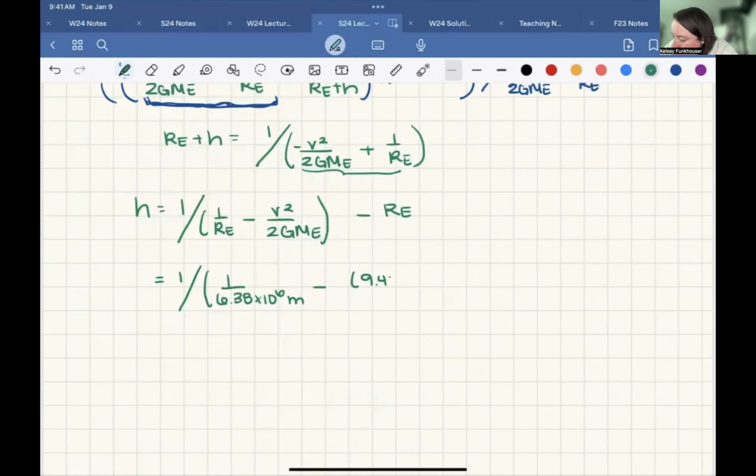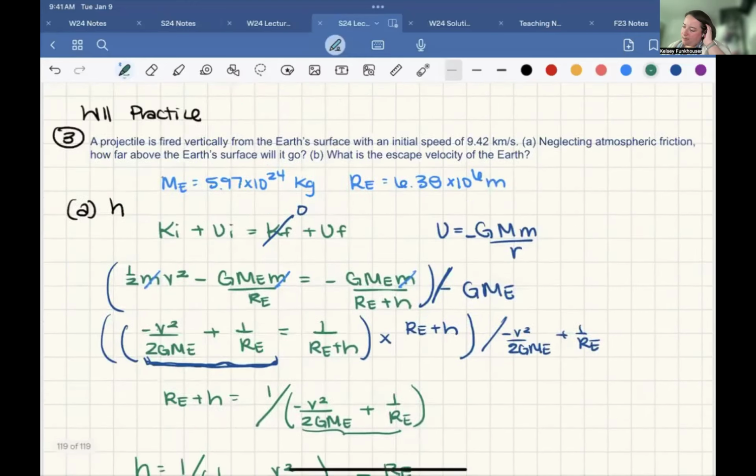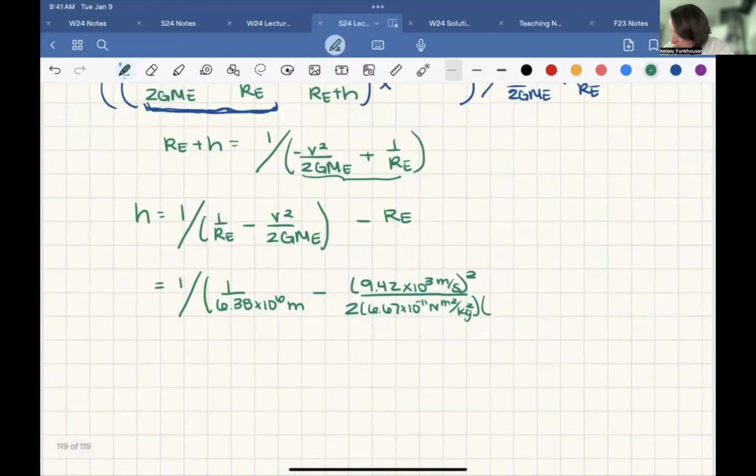So 9.42 times 10 to the 3 meters per second, whole thing squared, divided by 2 times 6.67 times 10 to the negative 11 newton meter squared per kilogram squared, times the mass of the Earth, which is 5.97 times 10 to the 24 kilograms. That whole thing minus the radius of the Earth.